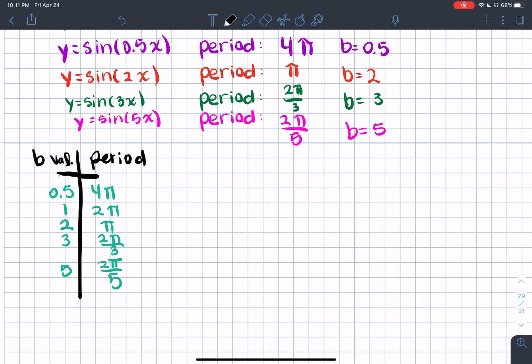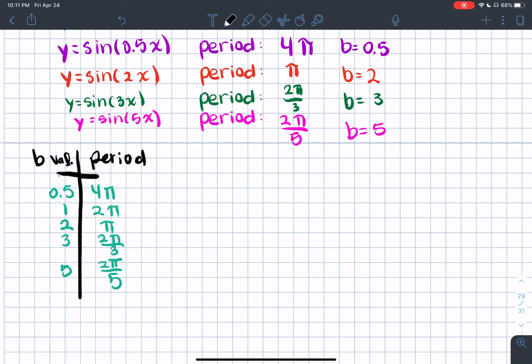So now that you've thought about how you can take the b-value and find the period on your own, let's talk about it. If we have 0.5, we get 4 pi. If we have 1, we get 2 pi. So we see that when we doubled the number, the period divided by 2. See if this continues.